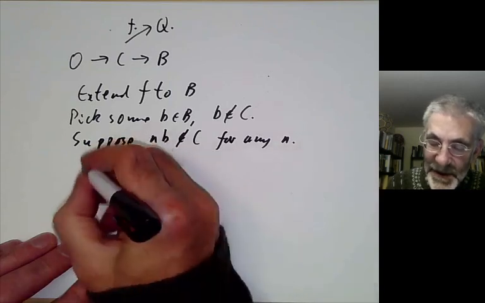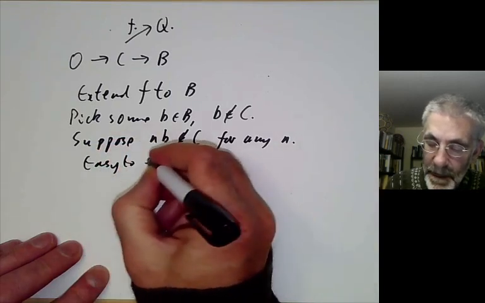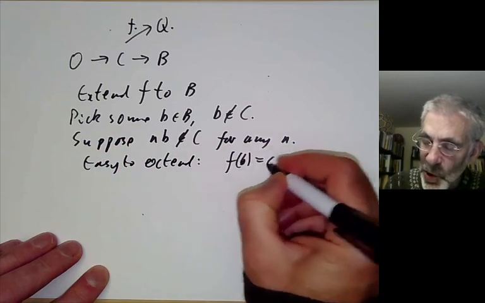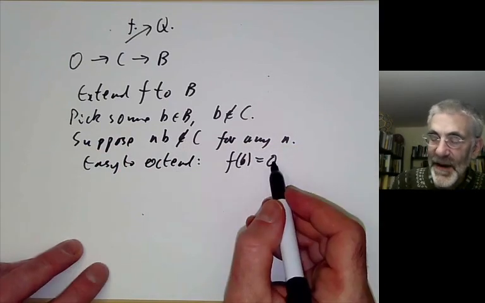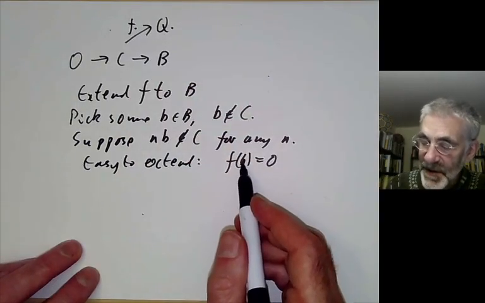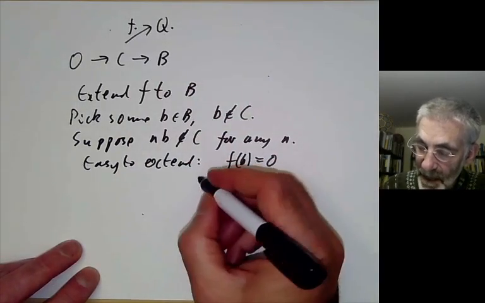Well, then it's easy to extend. We can just put f(b) equals 0, or for that matter we could put f(b) to be anything in Q, and you can easily check that gives us an extension.